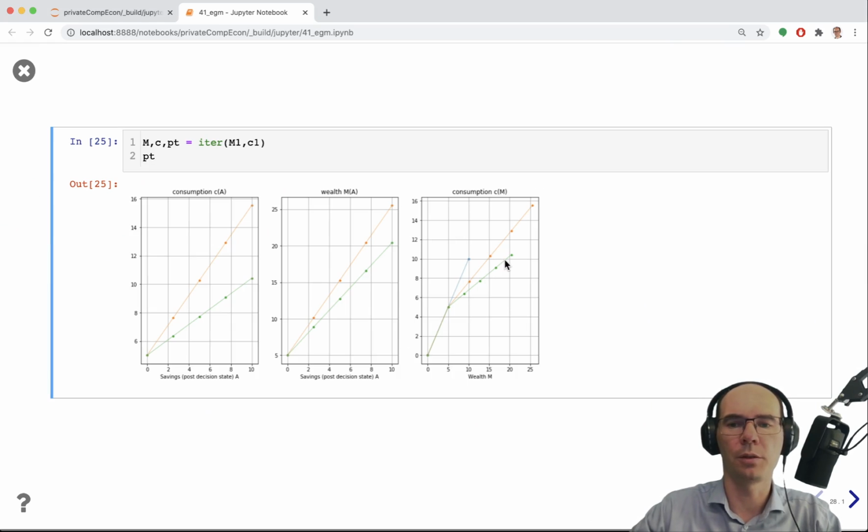And that, of course, cannot happen in the cake eating problem, where if you consume everything today, then you're left with zero consumption tomorrow, and that's minus infinity, as we've seen. Okay, and then the next iteration, we'll still have that constraint region here and the corresponding kink in the consumption function. The consumption function is continuous, but it has a kink over here at 5.